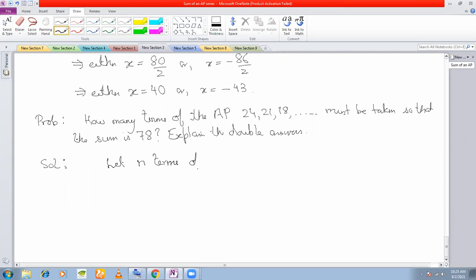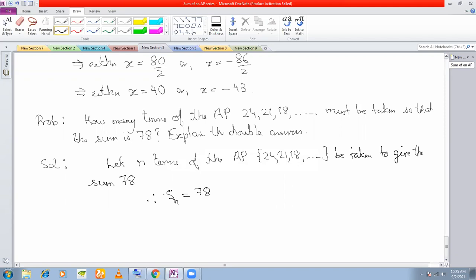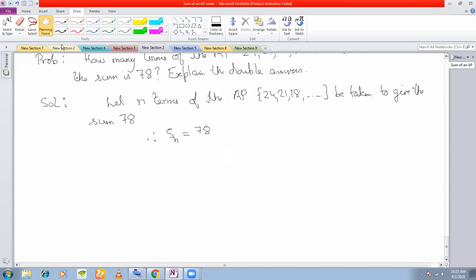Let n terms of the AP 24, 21, 18, and so on be taken to give the sum 78. So therefore, Sn is equal to 78, right? So put the value here from the formula.